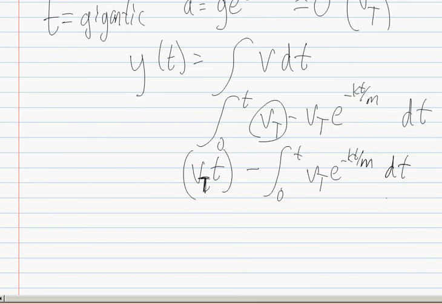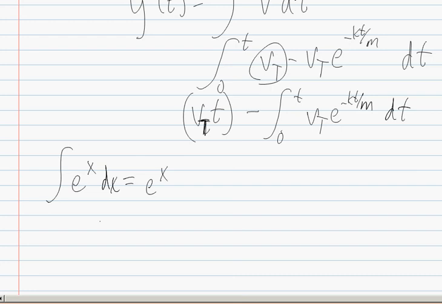Well, again, the integral of e to the x dx is just e to the x, but it's a little bit more complicated because if it's e to the u du that you're taking, it's going to be e to the u divided by u. So that will make that slightly more complicated.